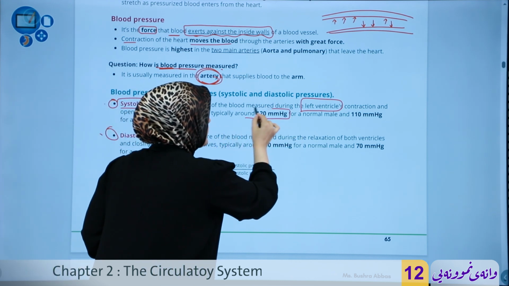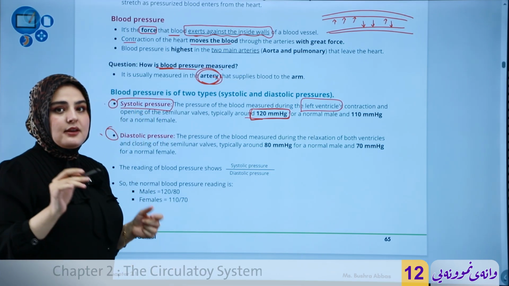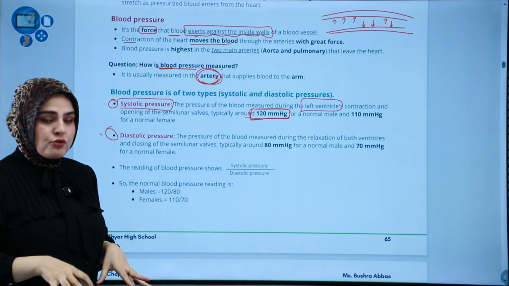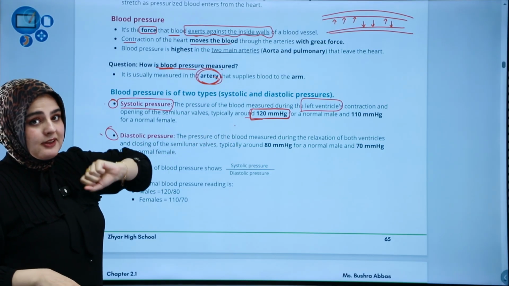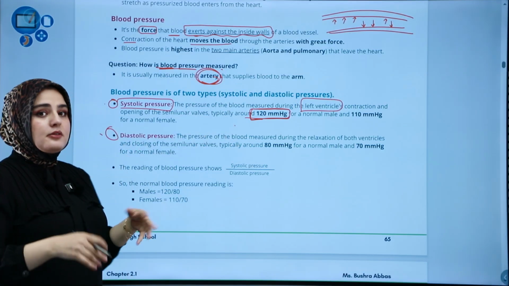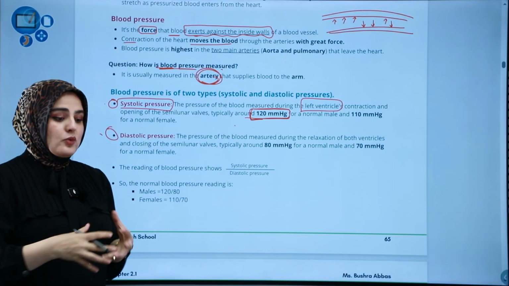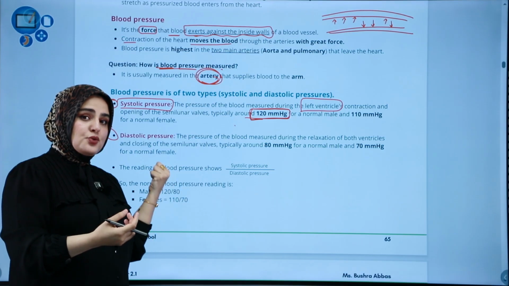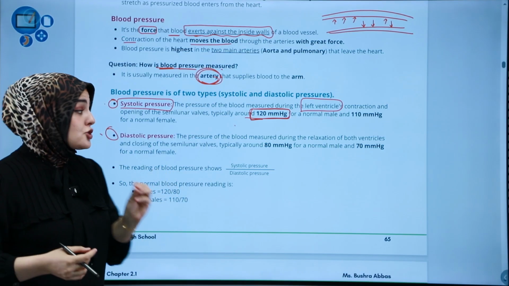It creates a pressure of 120 millimeters of mercury in males and 110 in females. However, the heart is not always in contraction, it's also relaxing. When the ventricles relax during diastole, the amount of pressure changes in the arteries.